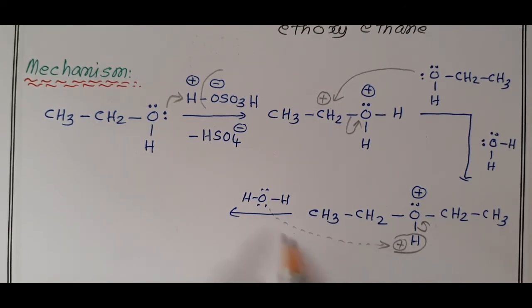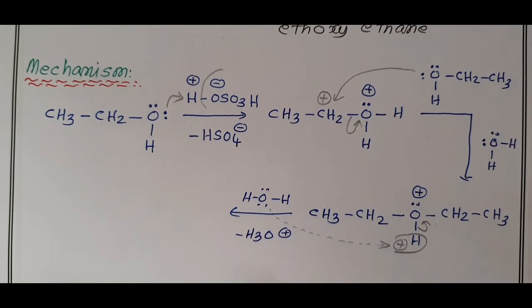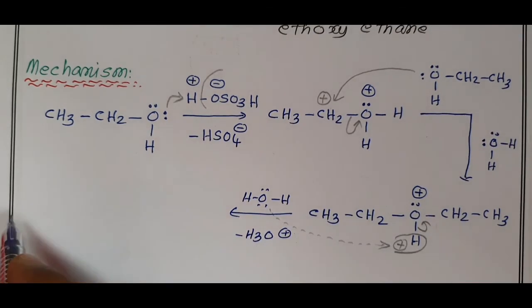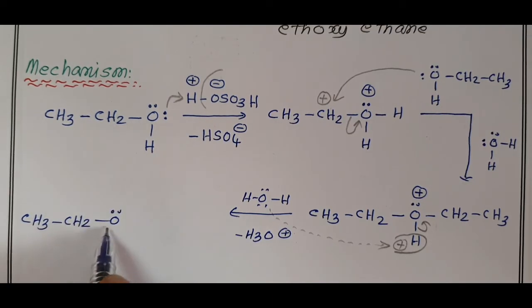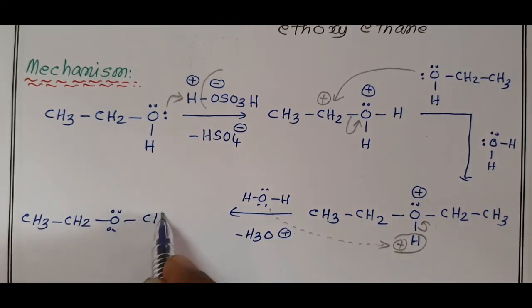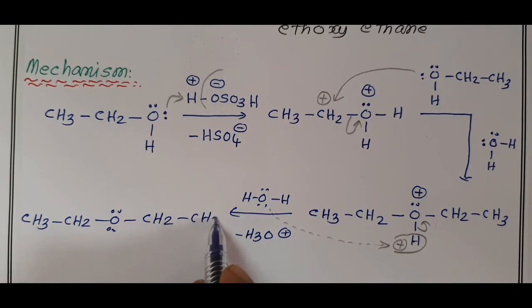Oxygen donates a pair of electrons, and the H3O plus hydronium ion is formed. Our ether is obtained, CH3CH2 oxygen, with two pairs of electrons, CH2CH3. Diethyl ether or ethoxyethane, this is one of the methods of preparation of simple ether.